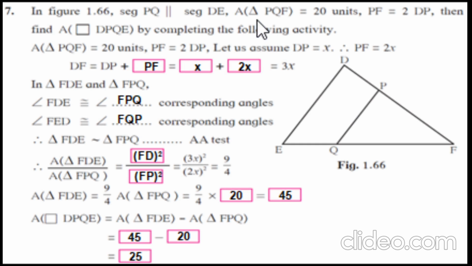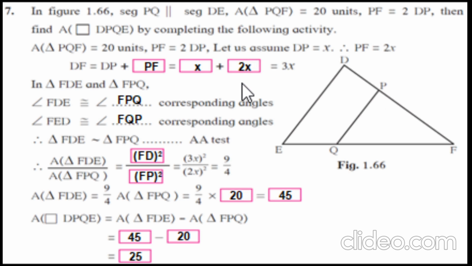Then area of triangle PQF is 20 units. This is the smaller triangle. PF is twice DP. Then we have to find out the area of quadrilateral DPQE by completing the following activity.